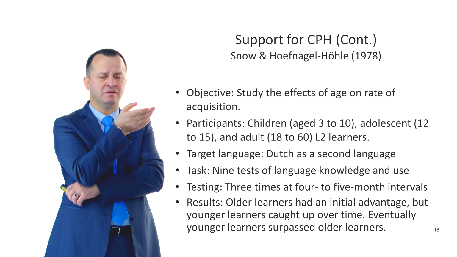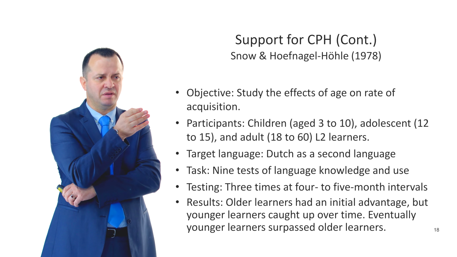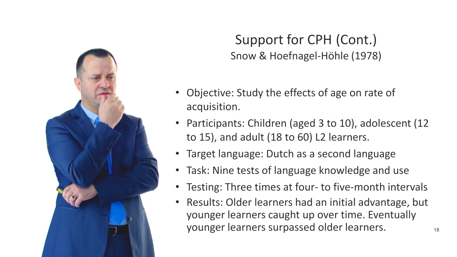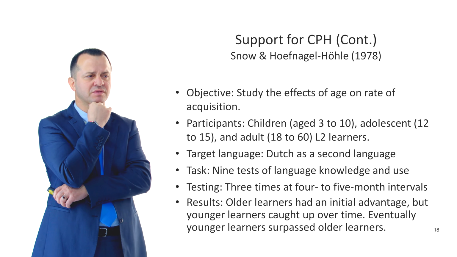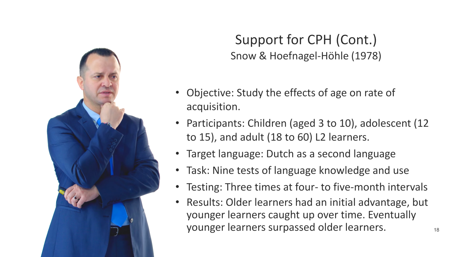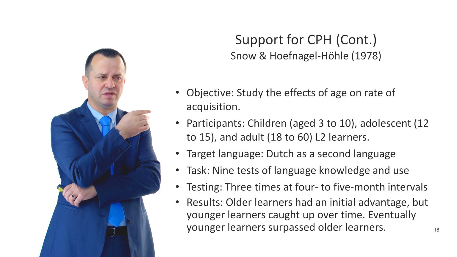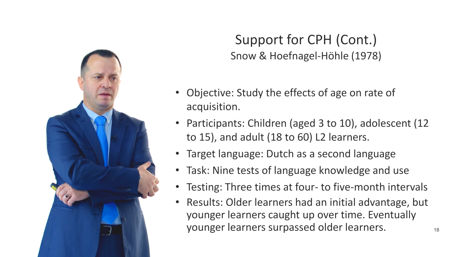Now we have another research on CPH. Again, there are participants in 3 categories: children, adolescent, and adult L2 learners. Here it's Dutch as a second language, probably the experiment was in the Netherlands.